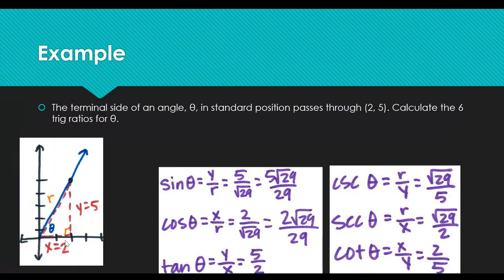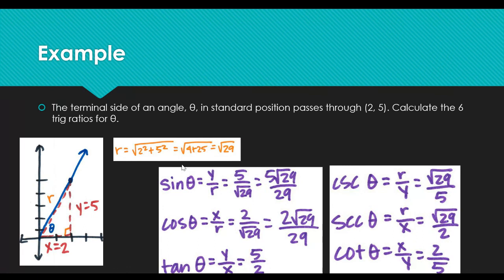My x value is 2, my y value is 5. And so I don't know what r is. So my first step is going to be to find r. I do that by doing the square root of x squared plus y squared. So that's the square root of 2 squared plus 5 squared, which would be 4 plus 25. So my r value is the square root of 29.